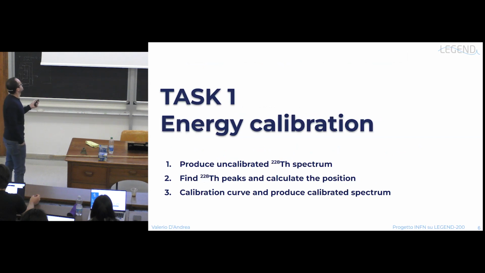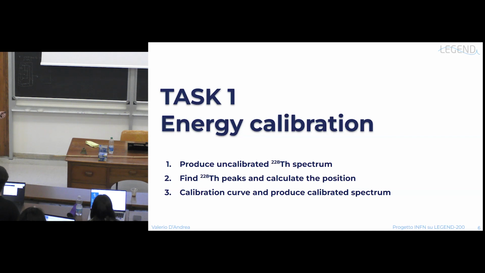The first one is to perform the energy calibration, starting from the array of the uncalibrated energies. You can open the LH5 file; the notebook shows how to open it, or you can use the txt, which is simply a list of values.